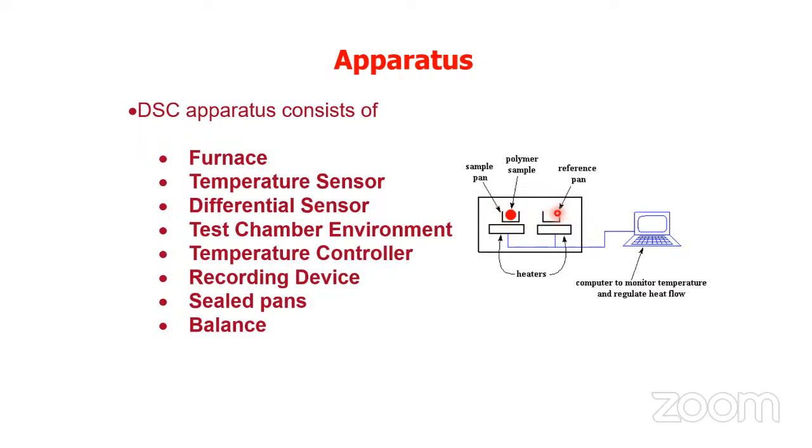We use a sample in one pan, and the other is a blank pan, which we call the reference pan. In the second pan we insert the polymeric sample which we have to study. So this is the setup for your DSC.